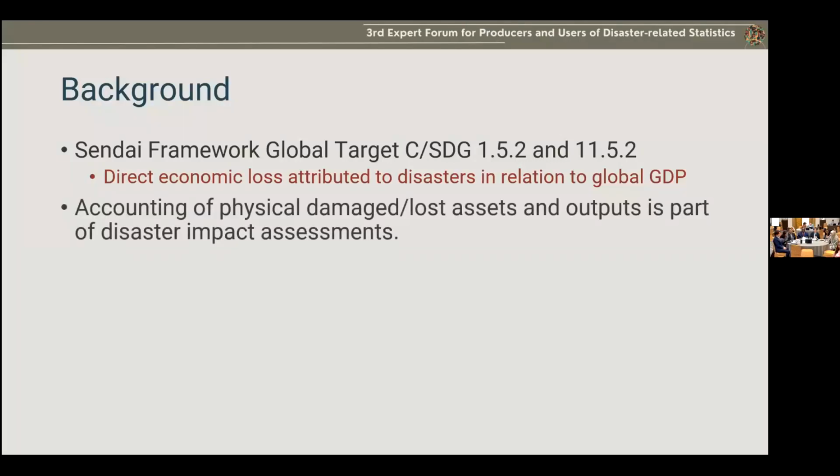If we believe in the formula that value equals quantities times price, then we're talking about 2 factors here. One is the quantity. When it comes to disaster impact, the accounting of physical damage or lost assets, productions, or output is usually conducted as part of the disaster impact assessments.